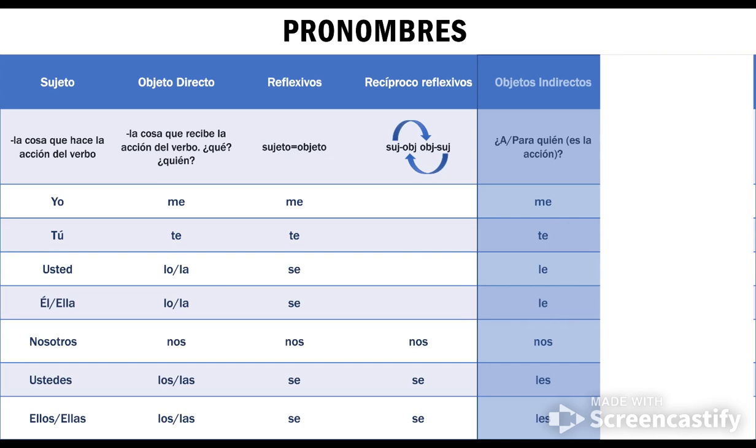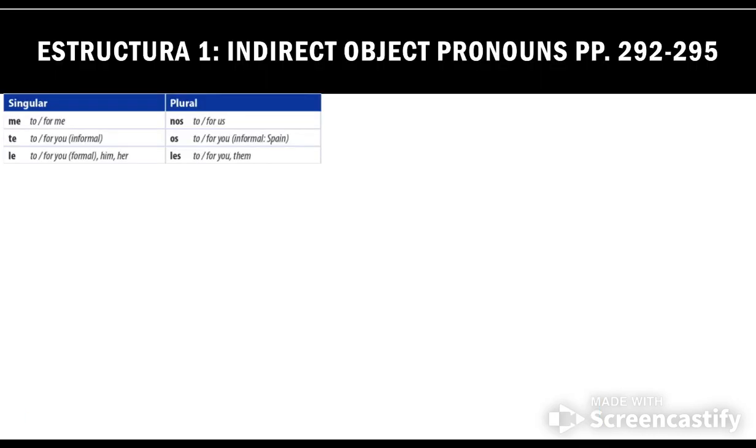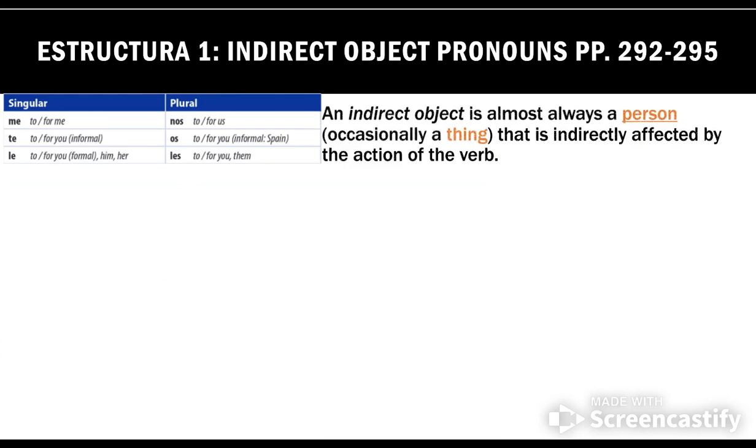Now, I put a little chart here so we can remember. Me is to me or for me, te is for you, etc. So an indirect object is almost always a person that is indirectly affected by the action of the verb.